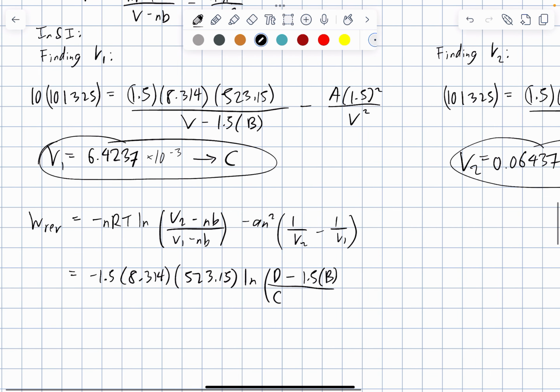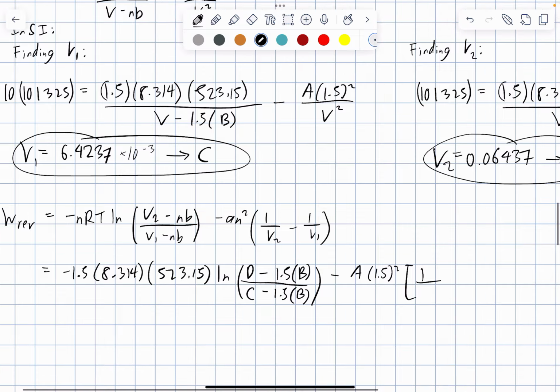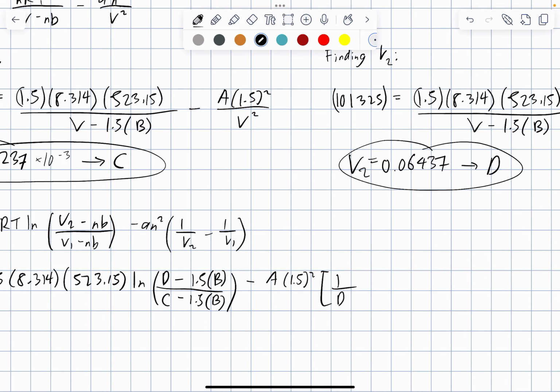C is ours. We store V1 as C. And then minus 1.5 times b, minus a times 1.5 squared times quantity 1 over V2. V2 is D. And then 1 over C.